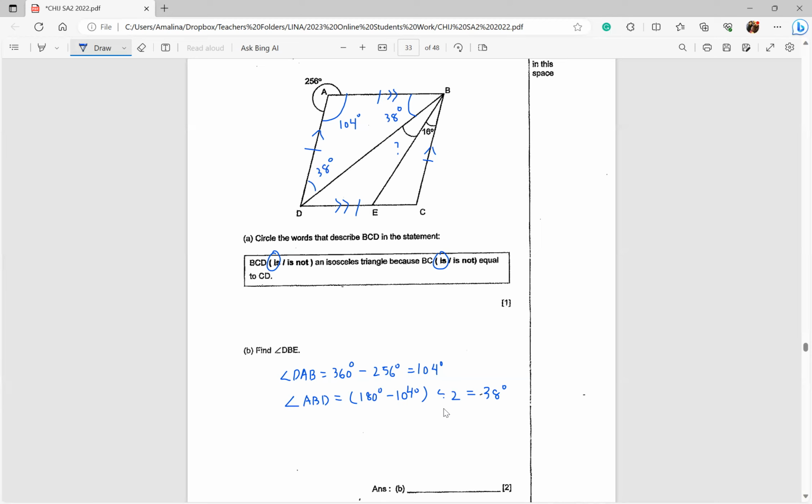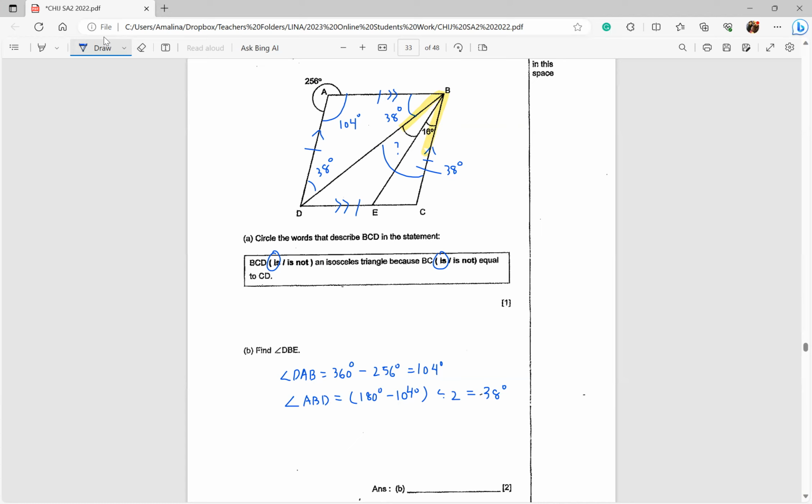So I know for sure that this angle DBC is also 38 degrees. How do I know? Because it's your rhombus. Okay, so for a rhombus, if you cut this diagonally across, these two angles share the same value.